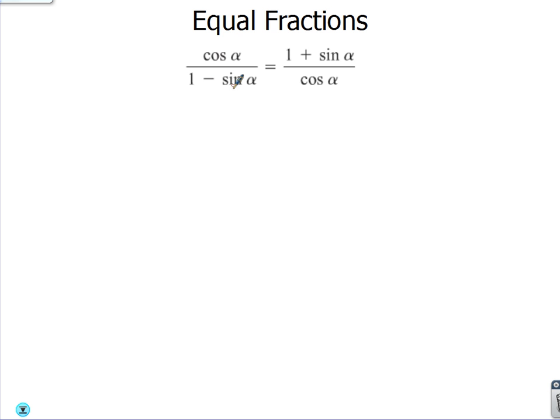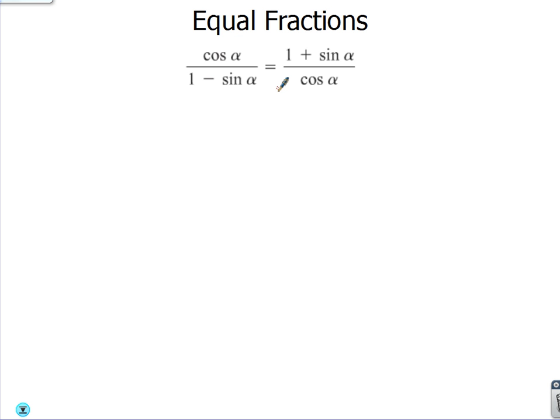And if I can say that this times this is equal to this times this, then that makes it equal. But they wouldn't let me do that, because you don't know if this is a proportion, you don't know if it's got equality, you don't know if those left and right sides are equal. Plus, you don't know if 1 minus sine might be 0 that you multiply by. So they said, no, you've got to turn one side into the other side. You have to make them look the same.